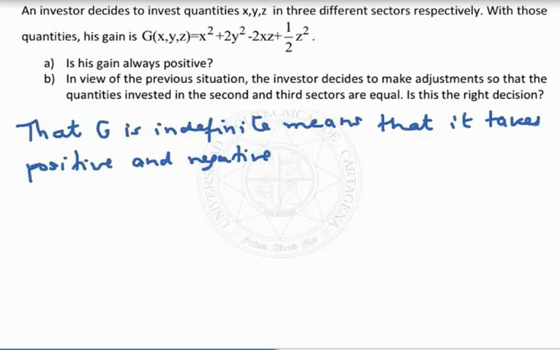So, the answer to the first question, is his gain always positive, is no, the gain is sometimes positive and sometimes negative.